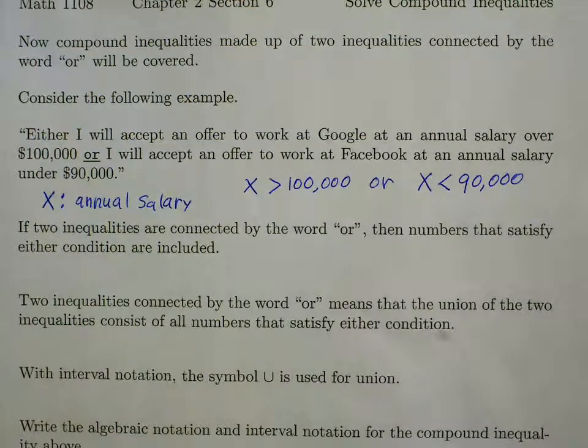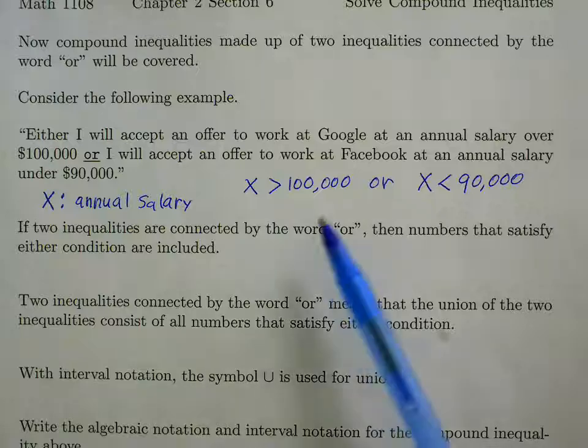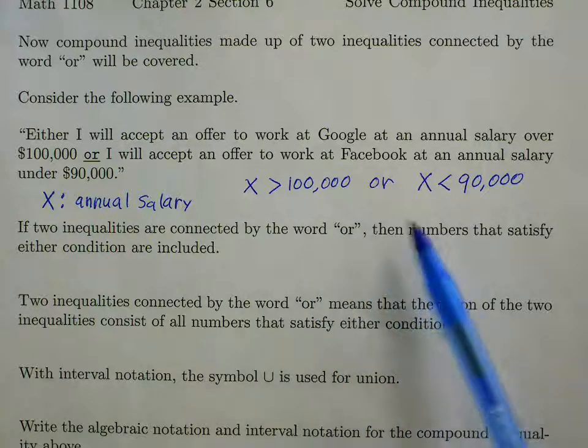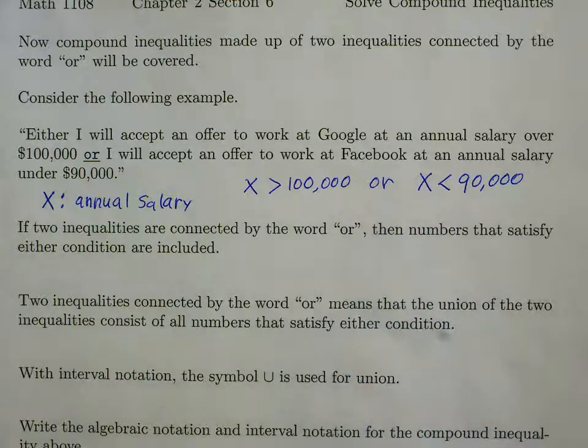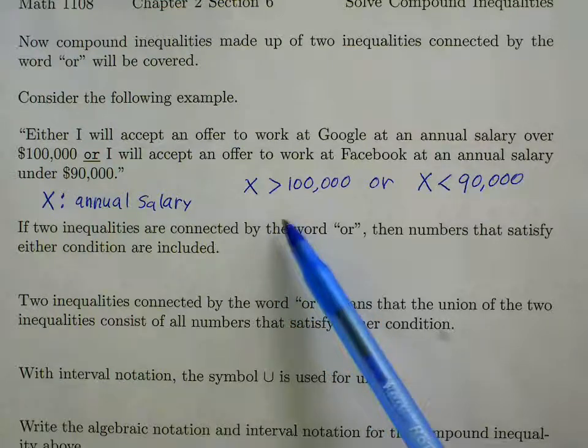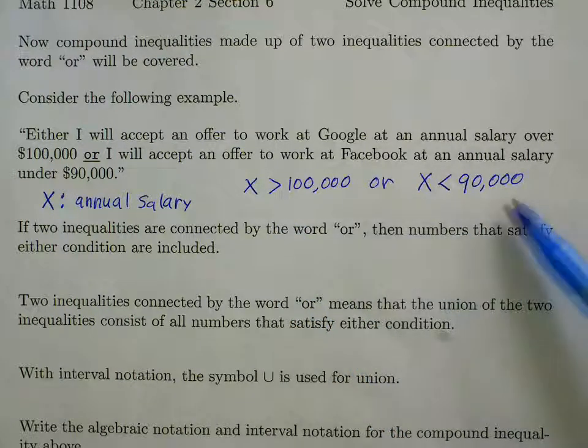But all of the possible salaries exclude the amount between 90,000 and 100,000, right? Because it's either going to be greater than 100,000 or less than 90,000.